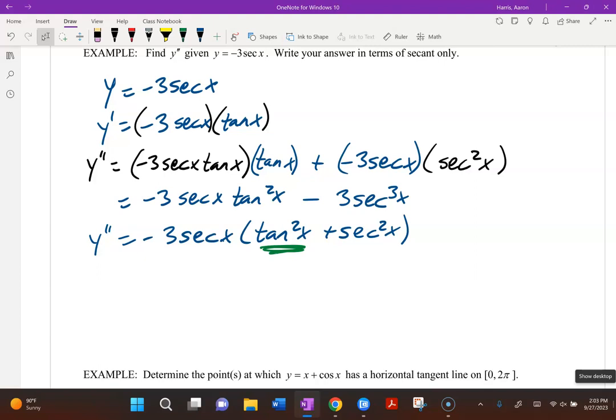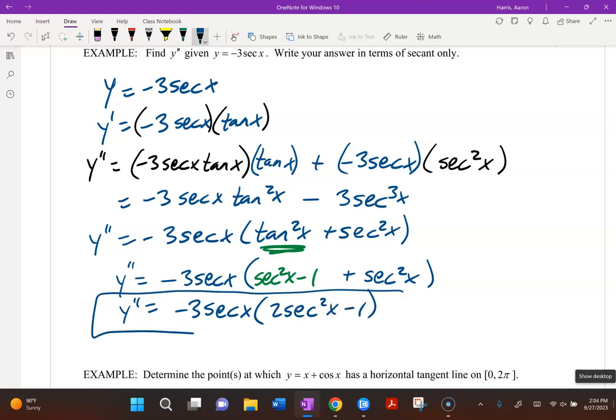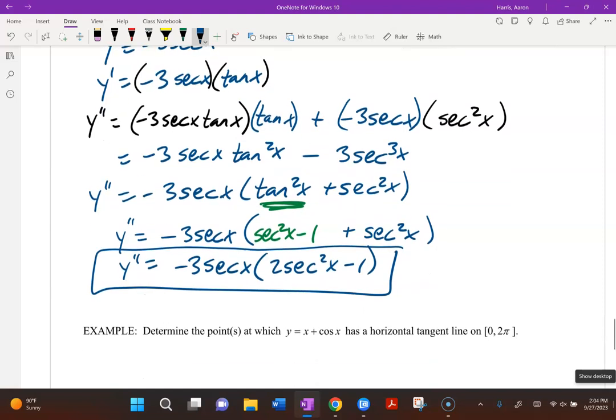So secant squared minus 1 is tangent squared from the Pythagorean identity. So I get negative 3 secant x times 2 secant squared x minus 1. That's really as far as I can go for the second derivative on that.